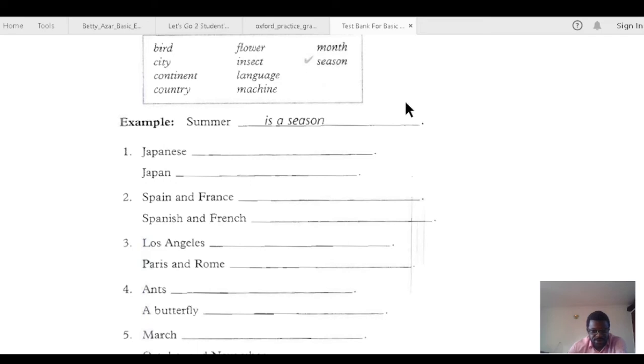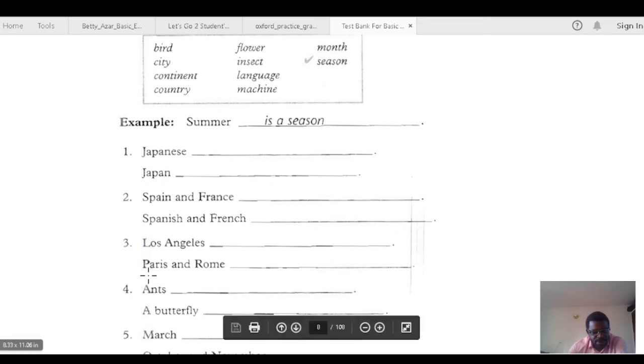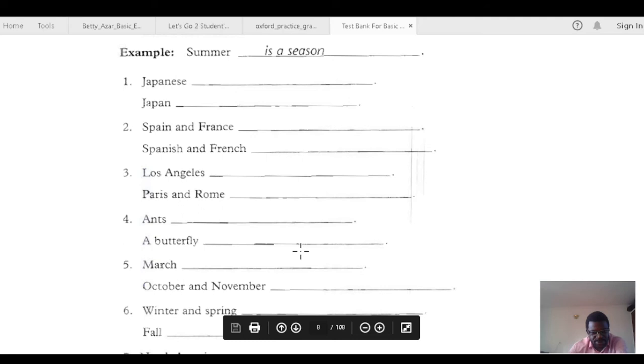Summer is a season. Japanese is a language. Japan is a country. Spain and France are countries. Spanish and French are languages. Los Angeles is a city. Paris and Rome are cities.